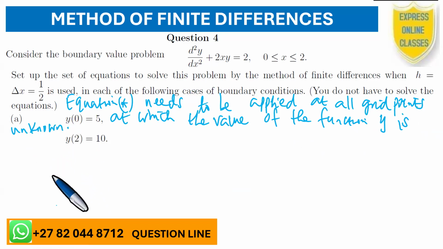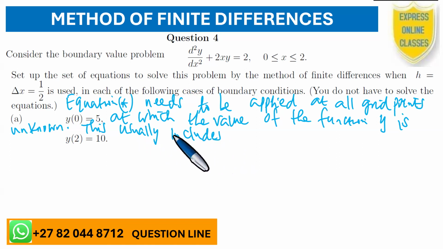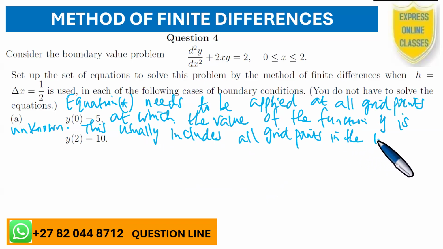Must be applied at all grid points at which the value of the function is unknown. This usually includes all grid points in the interior of the region.